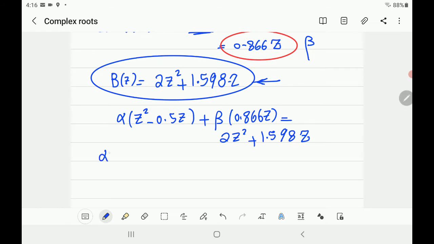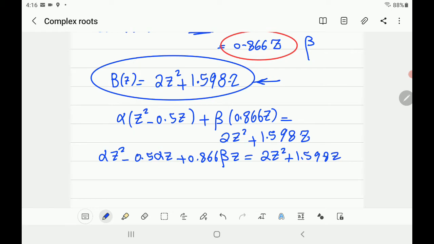So you have alpha z squared minus 0.5 alpha z plus 0.866 beta z equal to 2z squared plus 1.598z. And then collect like terms. You have z squared here, that's the only z squared, but these two parts have z, so collect z together.